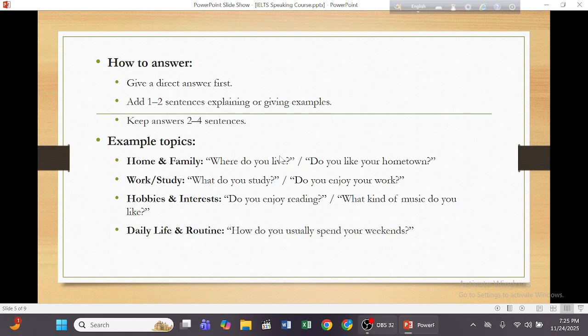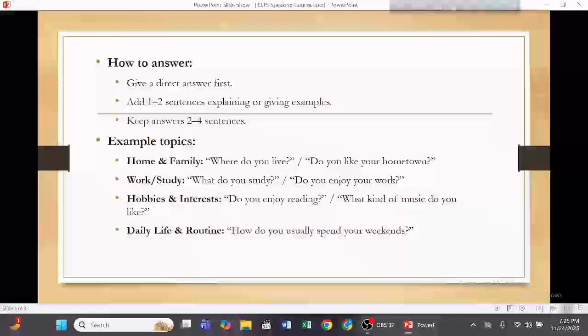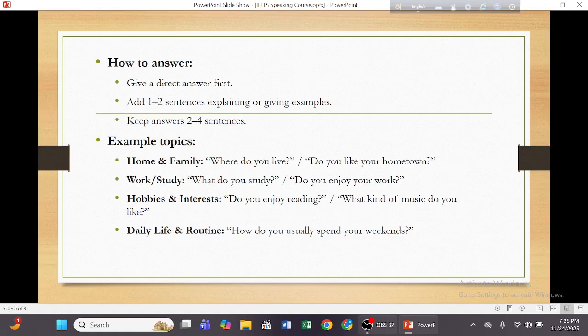You have already answered the question, and that is perfect. But you have to elaborate, like, I have been living here for the last 10 years, and what the place is famous for. This is how you can elaborate your answer. Do you like your hometown?